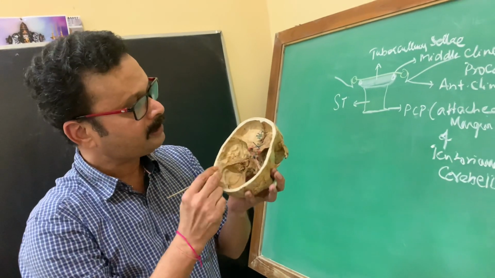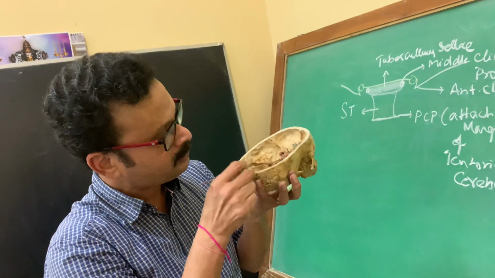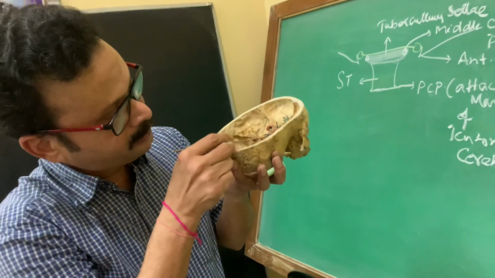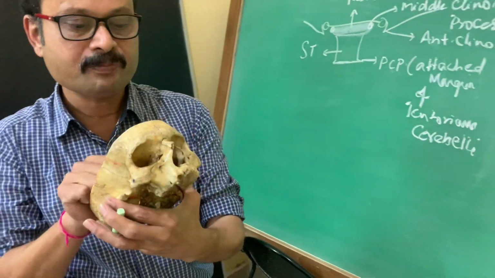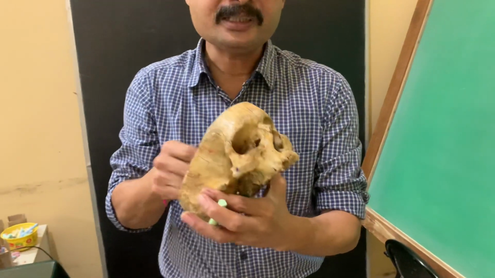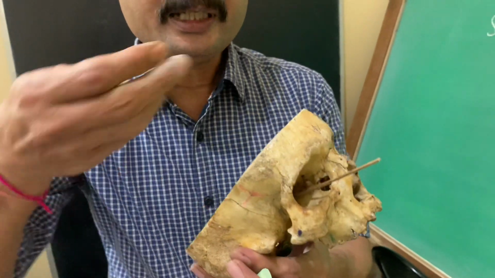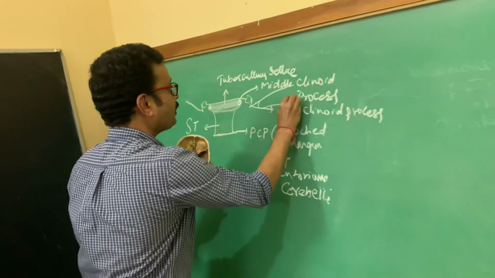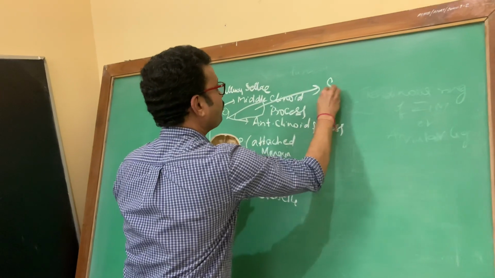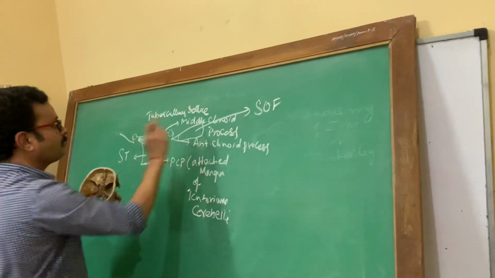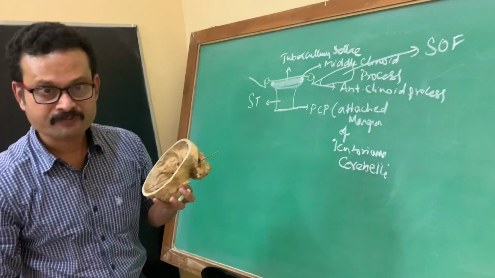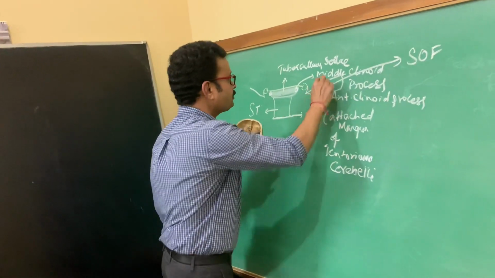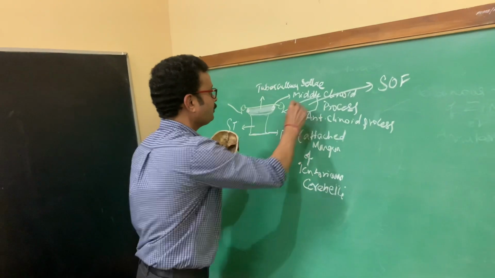Now coming to the lateral region of the middle cranial fossa, underneath this lesser wing of the sphenoid, there is a deep transverse fissure, which extends into the orbit. So this is called the superior orbital fissure, which in the middle gives attachment to a ligament.